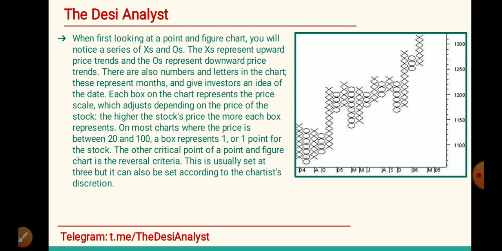The other critical point of a point and figure chart is the reversal criteria. This is usually set at 3, but it can also be set according to the chartist's discretion.